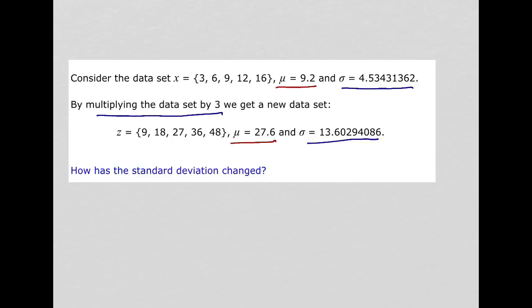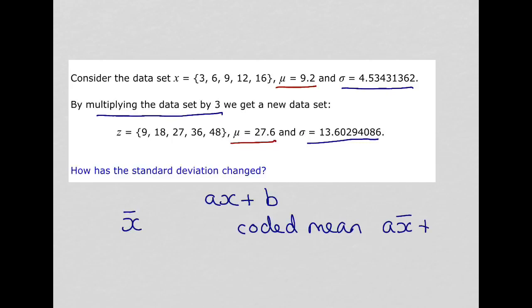So, to summarise, if our data is coded using a multiple and an addition, and we've got a mean of x bar, the coded mean would be a times your mean plus b.